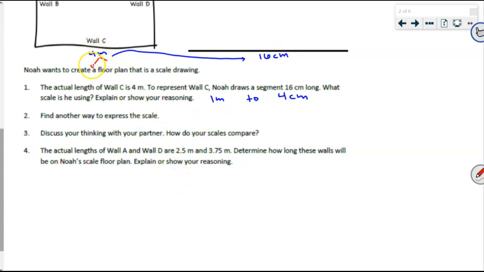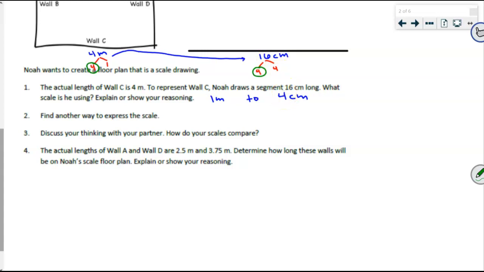So 4 has the factors 4 and 1. 16 has the factors 4 and 4, and we can see that each of them have that 4 in it. So that's me dividing out that 4, and what's left? 1 meter. And when I divide out the 4 here, what's left is 4 centimeters.